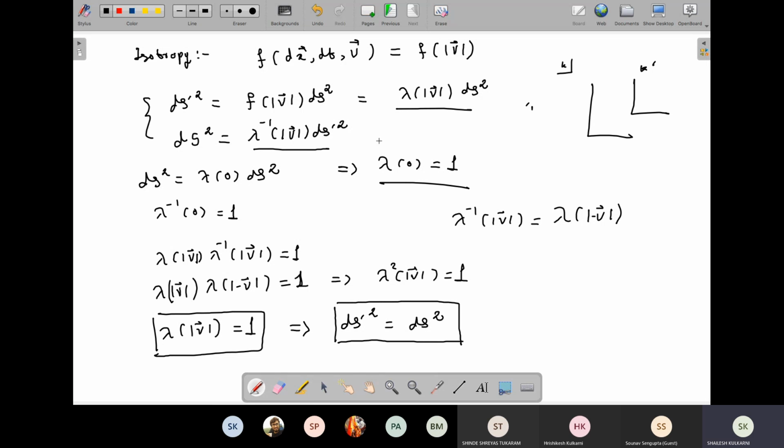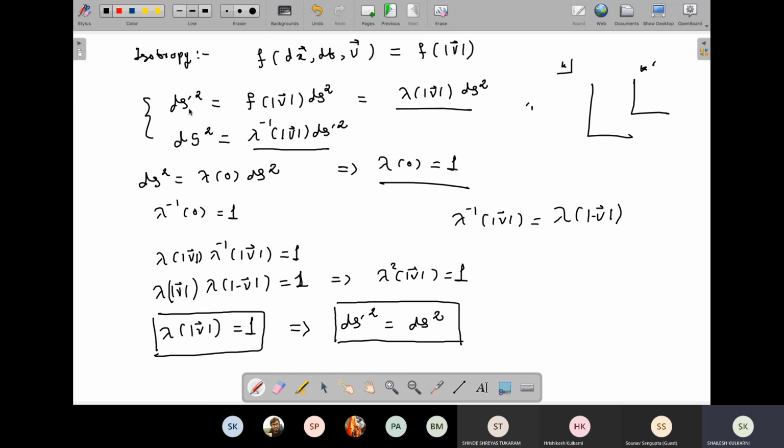In the prime frame also. Question was why the order of magnitude of the differentials should match. ds is the four-distance in the k frame, and ds prime is the four-distance in the k prime frame.